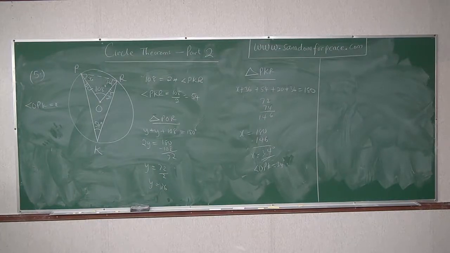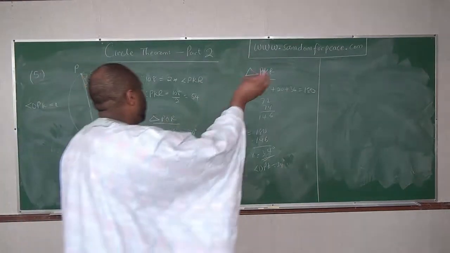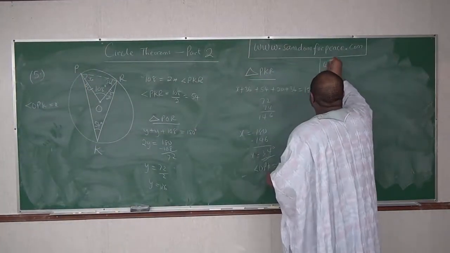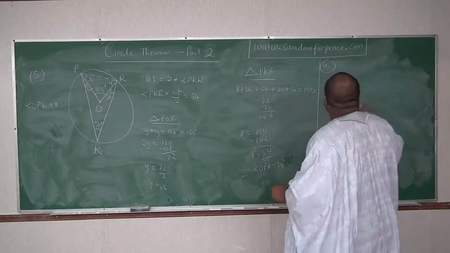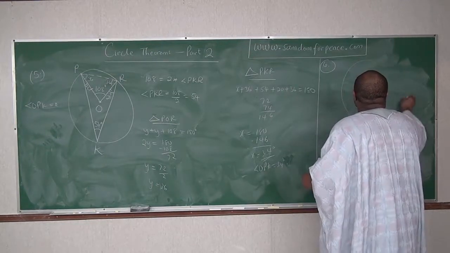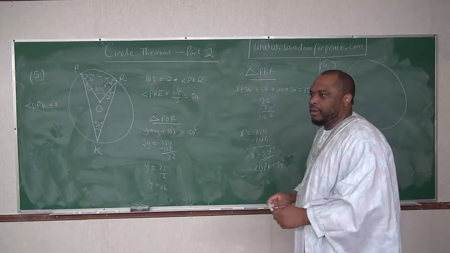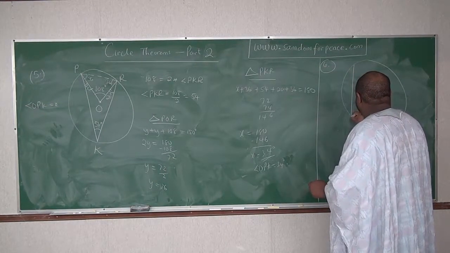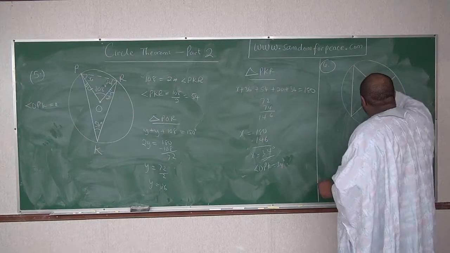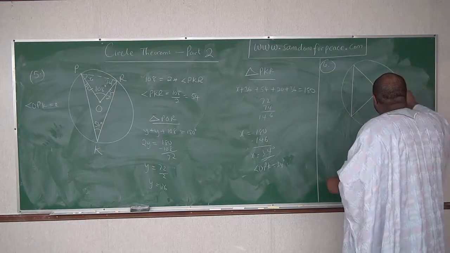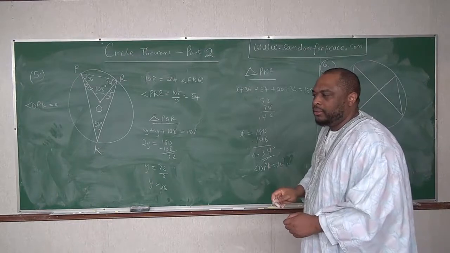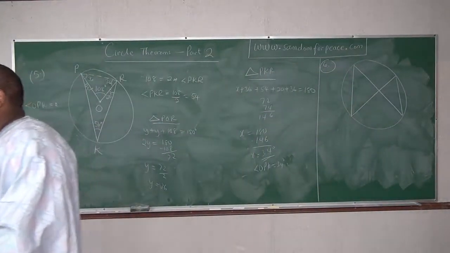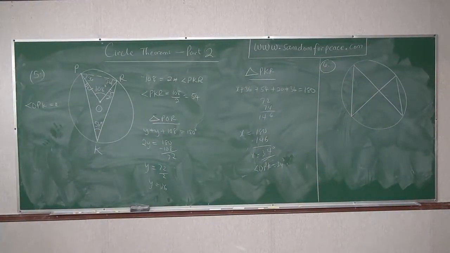Question 6. Question 6 is WASSCE also. So I have the circle, and I have this here. So I have x, 2y, 2x, and 60.